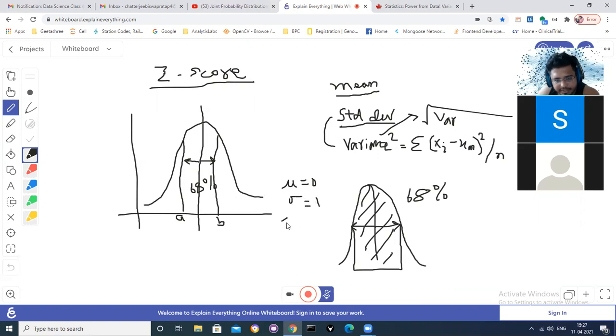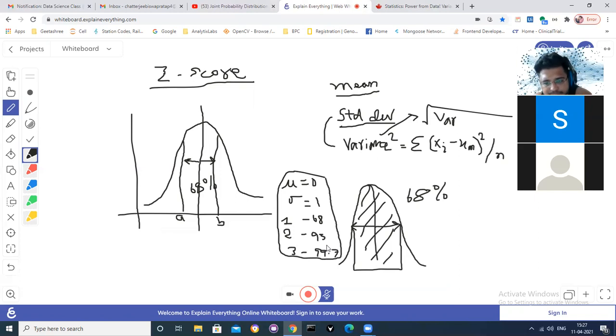First standard deviation will have 68% of data. Second standard deviation on both sides will have 95% of the data. And third standard deviation on both the sides will have 99.7% of the data.